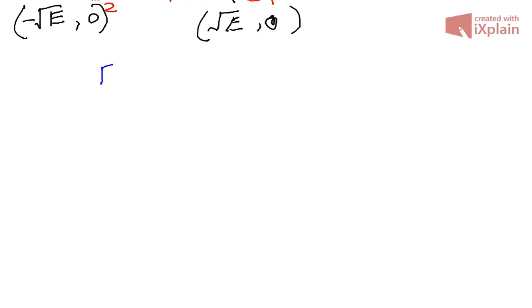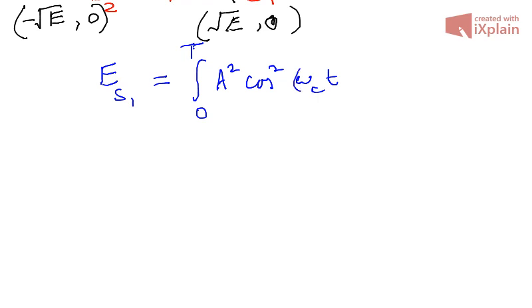To find the energy of this symbol, instead of writing minus infinity, I would say 0 to T, because this is the time period where our signal exists. We find the energy by squaring the signal and integrating it over the given time period. If I square it, it would be A squared cos squared omega ct dt.